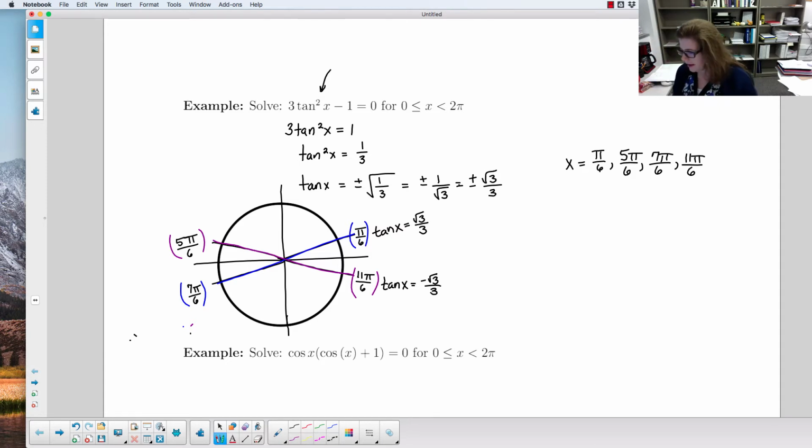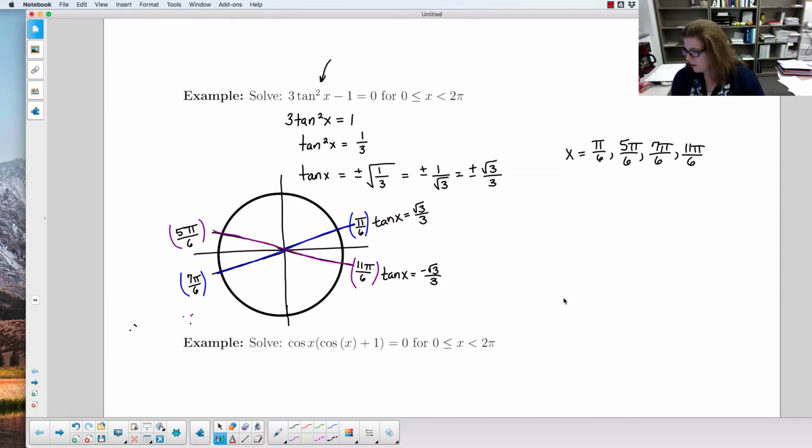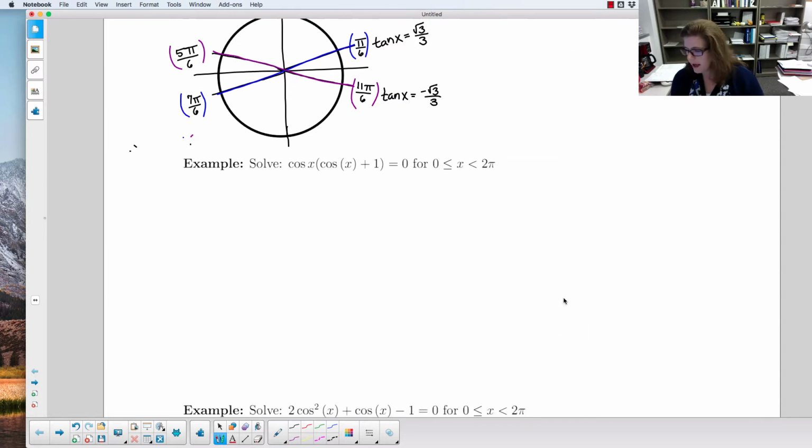Sometimes we also have functions that are listed in quadratic form. So we have things like cosine x times cosine x plus 1. Now remember, if you have an equation like x times x plus 1 equal to 0, and we want to figure out what x is equal to, then we set each piece equal to 0. So we get x is equal to 0, and x plus 1 is equal to 0, or x is equal to negative 1.